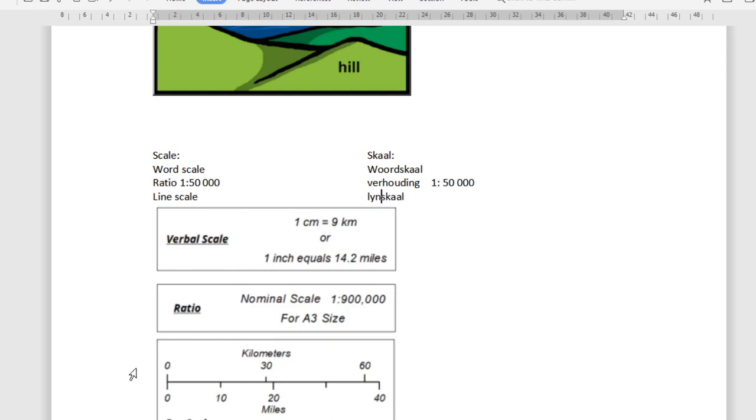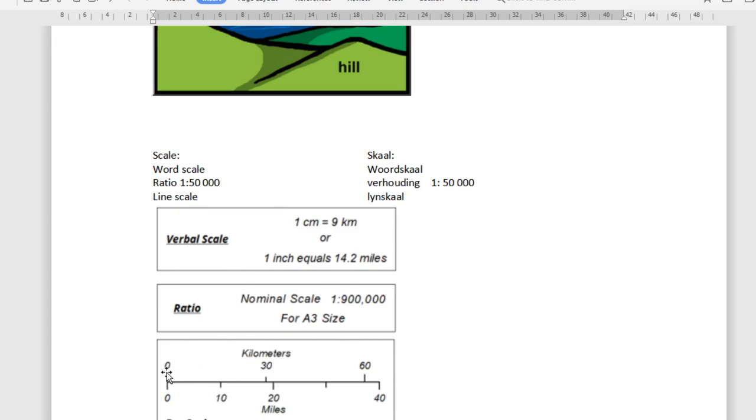That's literally like here, they call it a bar scale, whatever, we know what it means. Here's a straight line. And let's just forget about the miles here at the bottom and just look at the kilometers, because we don't care about miles. So basically you have a look at this. It says the space between here and here is 30 kilometers. So en die spasie tussen hierdie en hierdie ene is 30 kilometer.